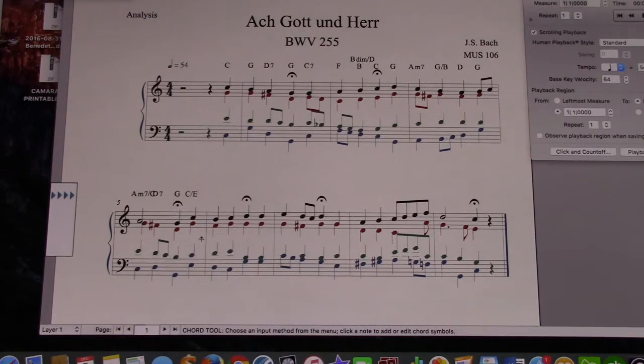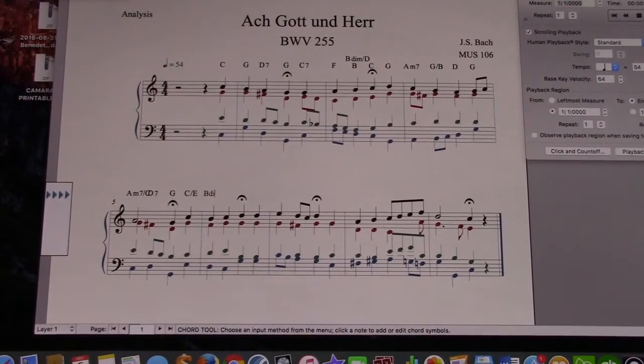Next chord, he's doing this again with these inversions. This is a B diminished because there's no way to call this chord a D minor because there's no A in it. It's B, D, and then F. So it's a B diminished, and with a D in the bass.